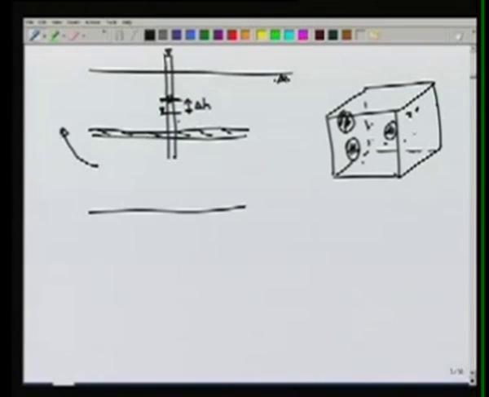But let's take this delta H is the head drop, and if we take an element of the aquifer here, let's say we take some element here, we want to see how much water can come out of this aquifer for a head drop of delta H. Now let's look at the mechanism of how this water is coming out. For unconfined aquifer, it is quite straightforward.